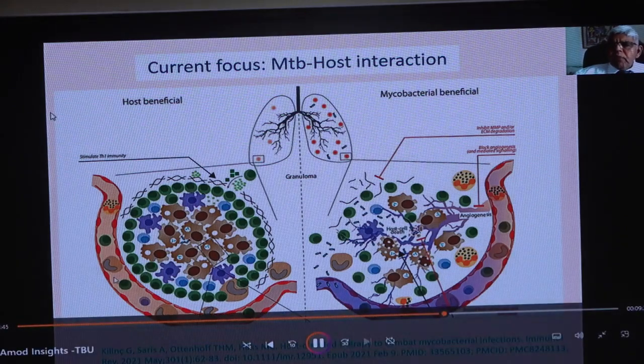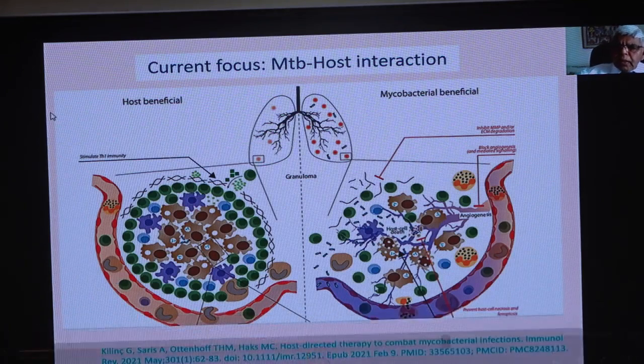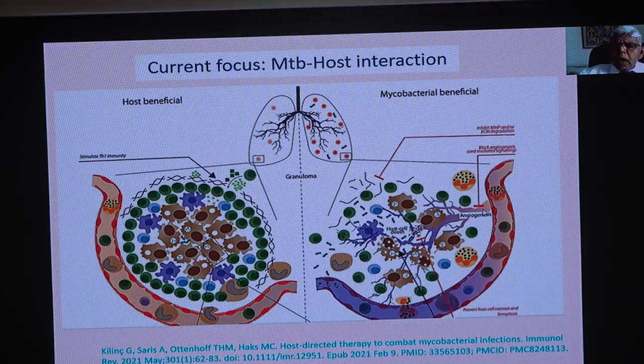Because of a variety of reasons, these granulomas start inviting vessels from the periphery of the granuloma towards the center, and these capillaries are leaky. So when you are treating these patients with anti-TB drugs, the distribution of the drugs that you are giving to kill the MTB is uneven.